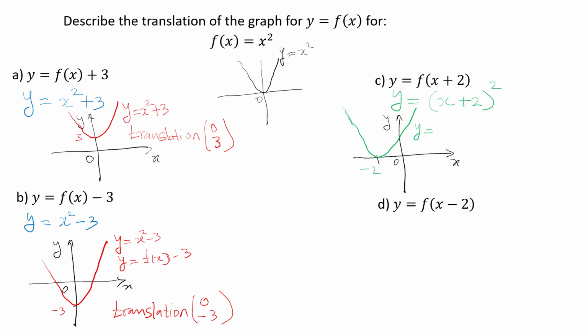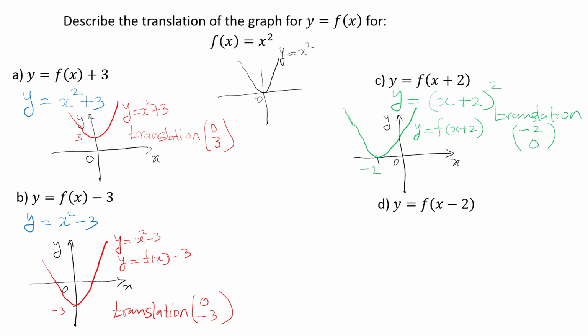So let's label this graph, y equals f(x plus 2). Translation: the graph moves in the x direction by negative 2, in the y direction 0. So (negative 2, 0).